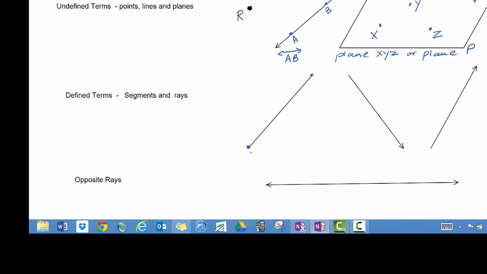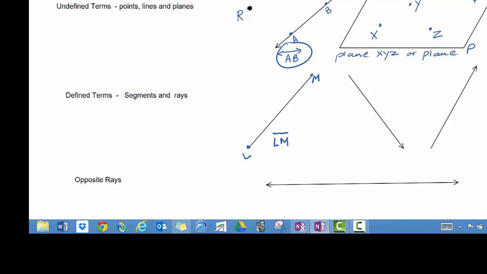So we could call this LM, and this is denoted by this symbol. Note that the little dash symbol that goes over LM does not have arrows at the end, whereas in the top here, that's a line and that has arrows at the end.